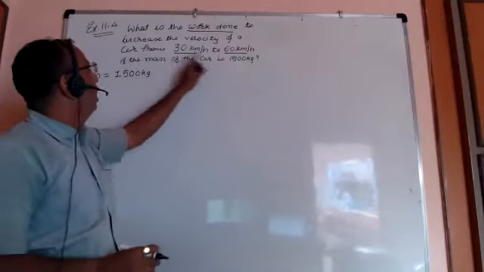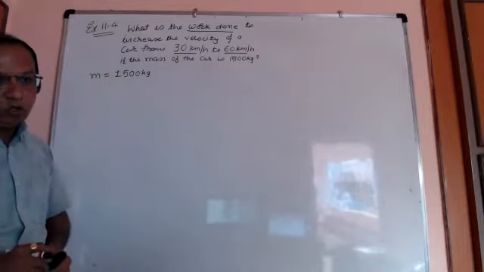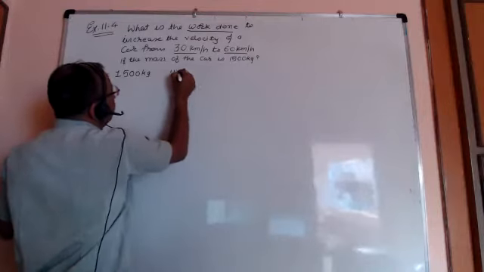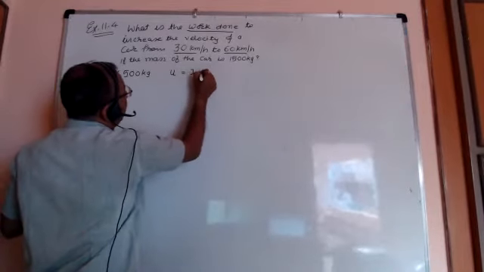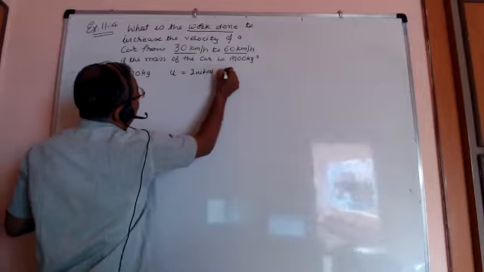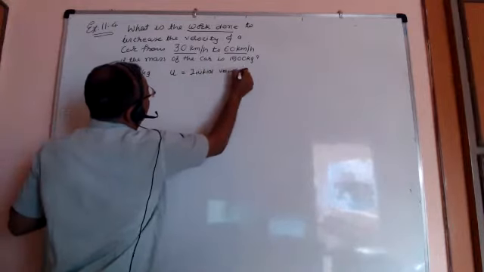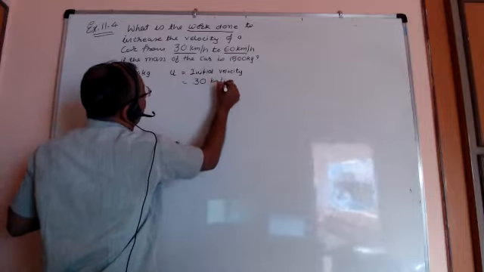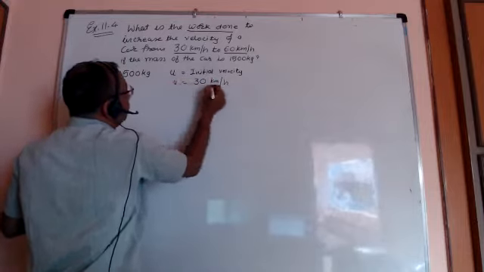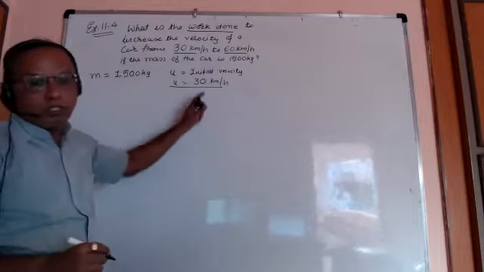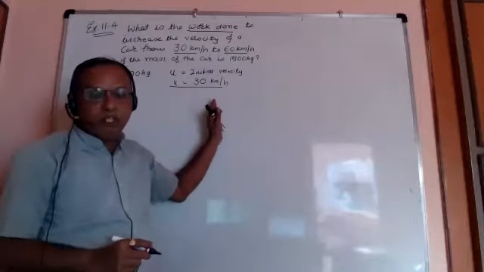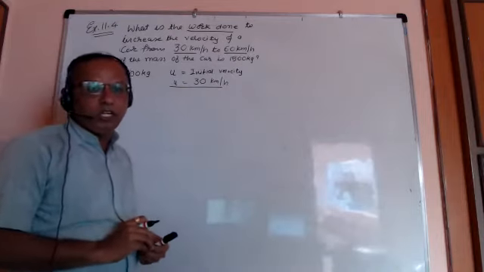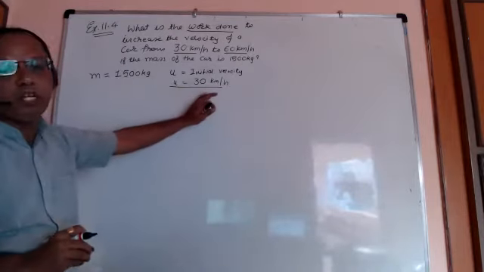The first velocity we consider as u, the initial velocity, and here it is given as 30 km per hour. Now the unit of this velocity is not the SI unit, so we have to convert it into the SI unit, meter per second.